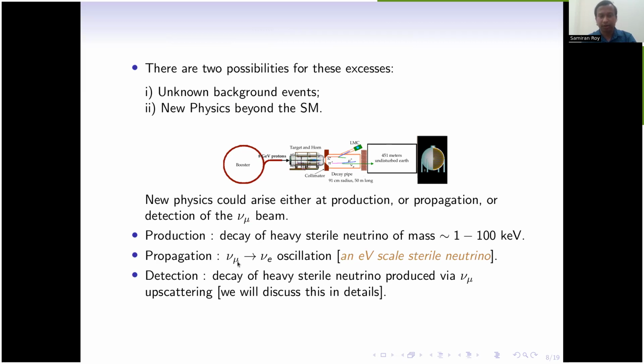In the propagation, like mu to e oscillation driven by an eV scale sterile neutrino, and there is another possibility, the detection, where a heavy sterile neutrino is produced and it decays, giving the visible signal in this detector. We'll discuss this part.